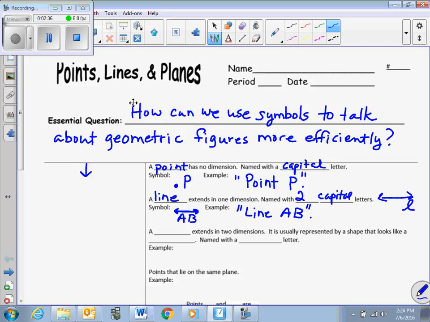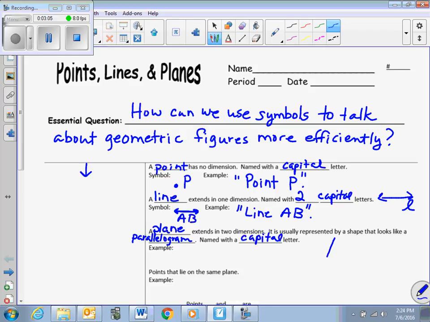What is it that extends in two dimensions? Okay, well that would be a plane. A plane is two-dimensional. It's usually represented by a shape that looks like a parallelogram. And even though we're going to talk a lot about parallelograms later in the year, I think you all already know what a basic parallelogram looks like. And it can also be named with a capital letter.